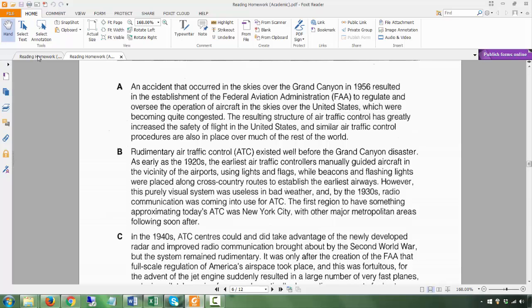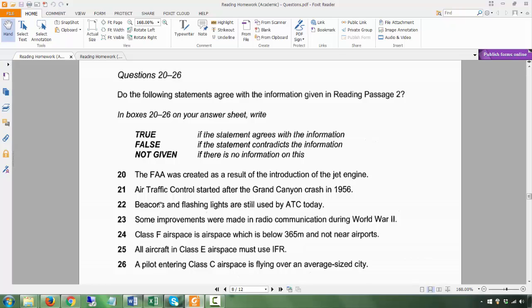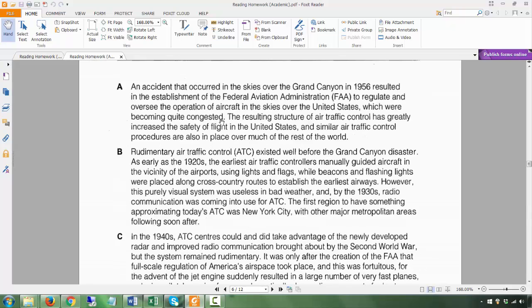Now, the question is this, and be very clear about this: beacons and flashing lights are still used by ATC today. Firstly, is it true, is it false, or is it not given? Firstly, is it true? Does it say that yes, it's used? No. It says that it was used before. It says that people are using radio communication, at least by the 1930s.